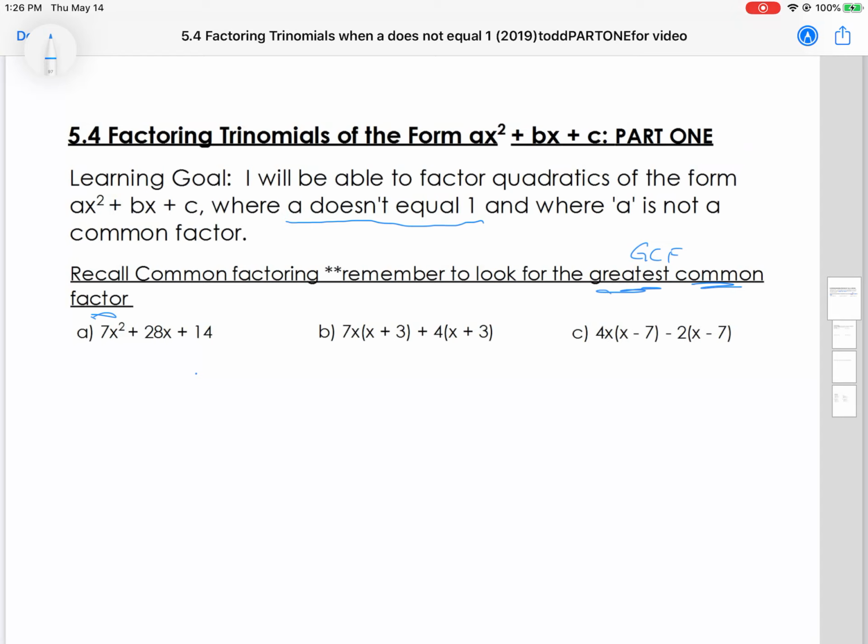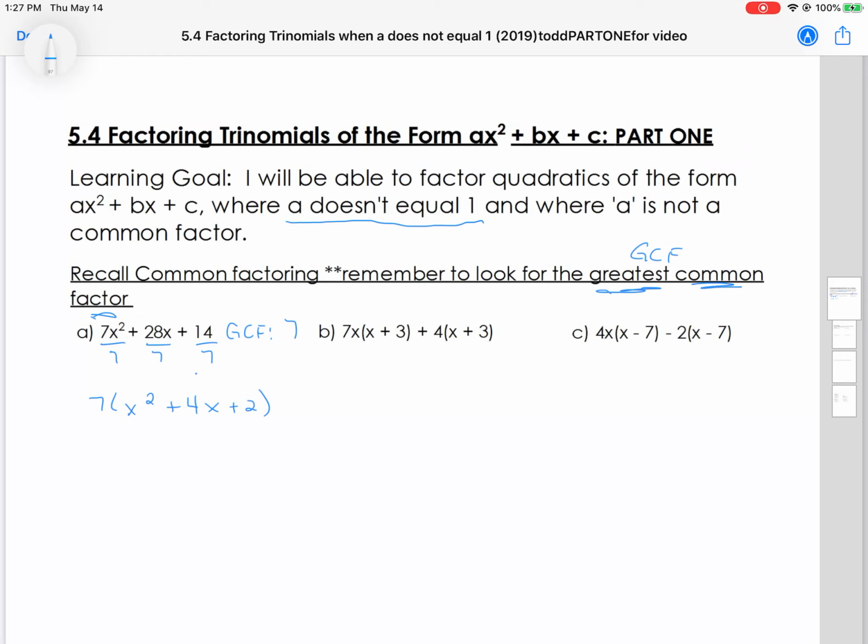In this first one, because there is no x variable with 14, our greatest common factor is just going to be 7, so we're just going to divide everything by 7. If that expression were factorable, which it's not, then we could keep going, but for this little recall we're just going to do common factoring.